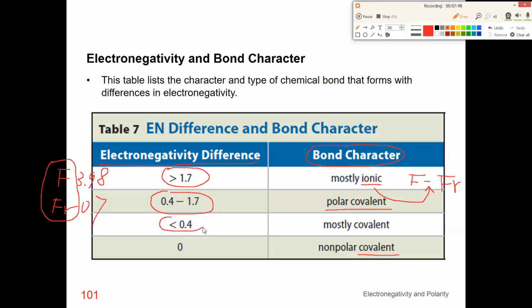If the difference is less than 0.4, we'll say it's mostly covalent. If the difference is zero, like oxygen gas or nitrogen gas, which are diatomic, the same element forms a bond. So the electronegativity difference is zero. So it's just non-polar covalent. It's 100% covalent.